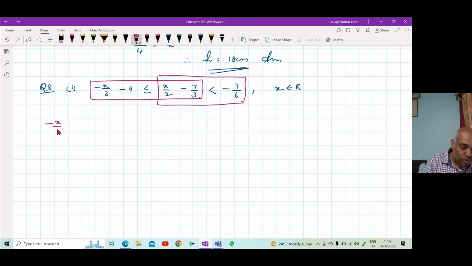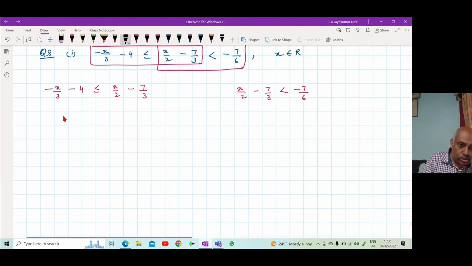So minus x over 3 minus 4 less than or equal to x over 2 minus 7 over 3, and x over 2 minus 7 over 3 less than minus 7 over 6. So this is minus 4 plus 7 over 3, I'm bringing this side, less than or equal to x over 2 plus x over 3.